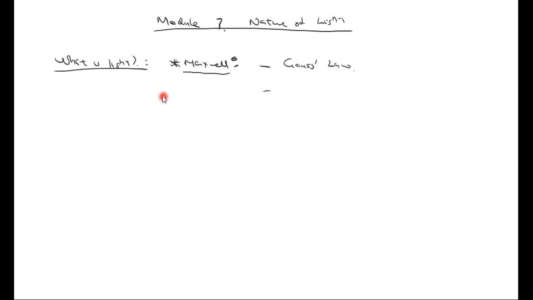You've got Gauss's law for magnetism. You've got Faraday's law. You've got the Ampere-Maxwell law. Collectively, these are known as Maxwell's equations.